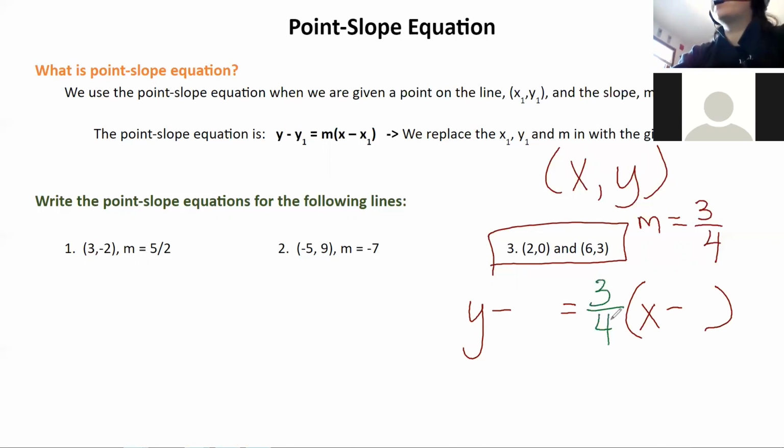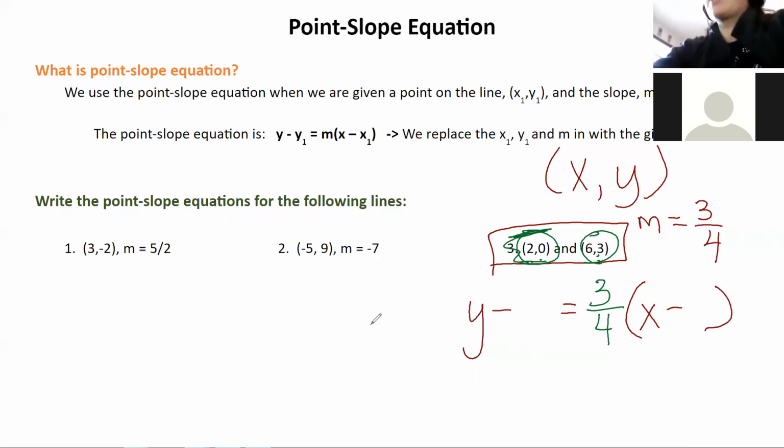That's the slope spot. Okay, so now we can pick either one. You can pick your 2 minus 0, or you can pick 6 minus 3. Since this one has a 0, let's just pick 6 and 3.